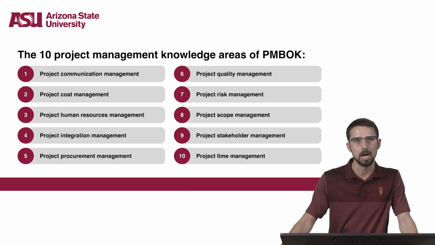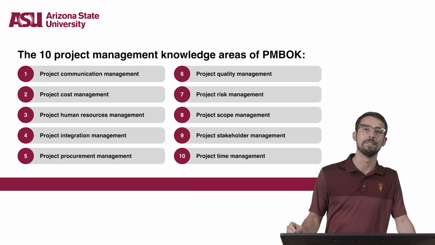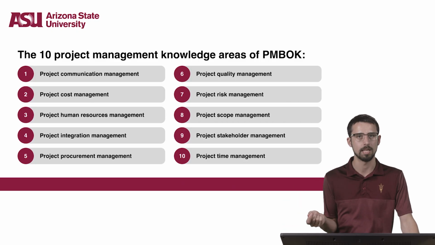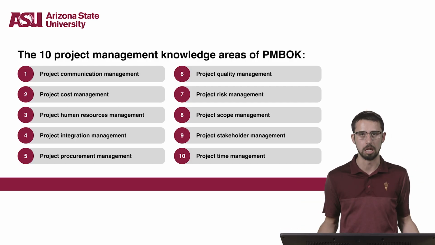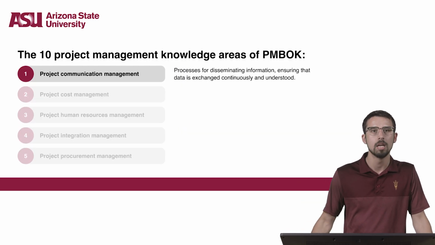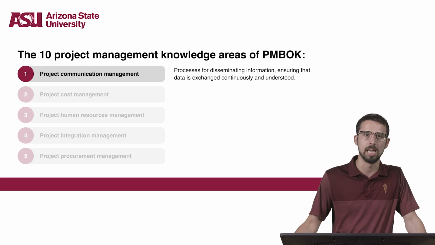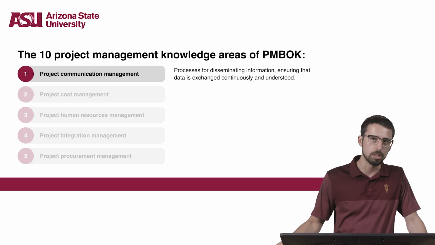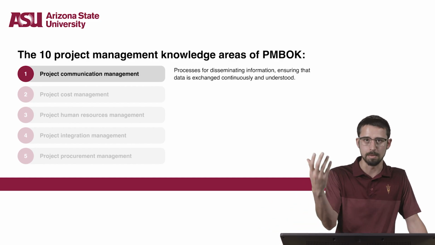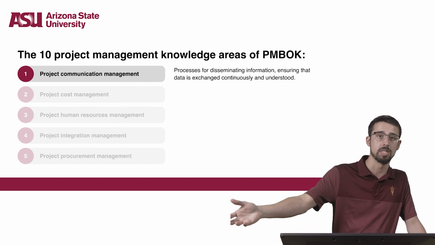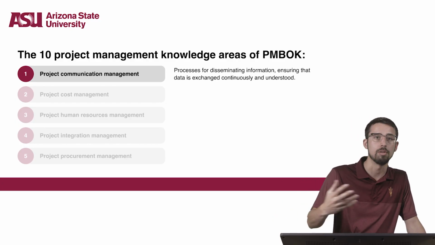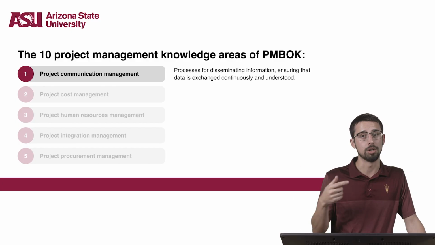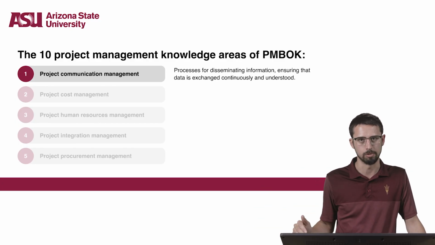So PMBOK officially recognizes 47 typical project management processes organized into 10 knowledge areas, and those are the 10 knowledge areas that you see here. Starting with project communication management. These are processes that disseminate information among team members and external stakeholders, ensuring that data is exchanged continuously and, more importantly, understood by all who are concerned within the project.